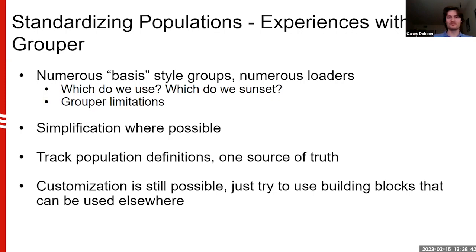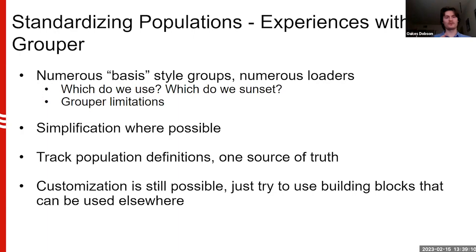So for instance, maybe we would bring in applied students from our student information system in one way, but then we decided, okay, we didn't bring in enough detail, so we're going to make another loader. So we're going to bring in that same group of populations, but with more detail in another loader. So now all of a sudden we have two sets of basis groups that sort of do the same thing.